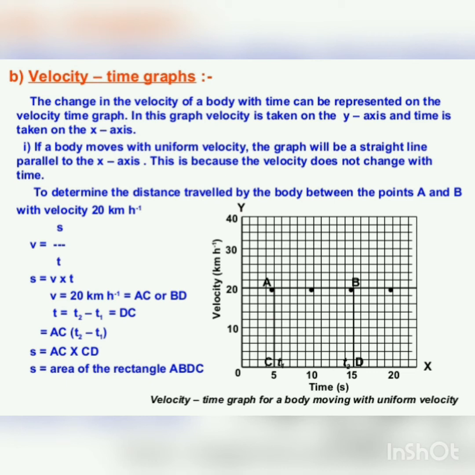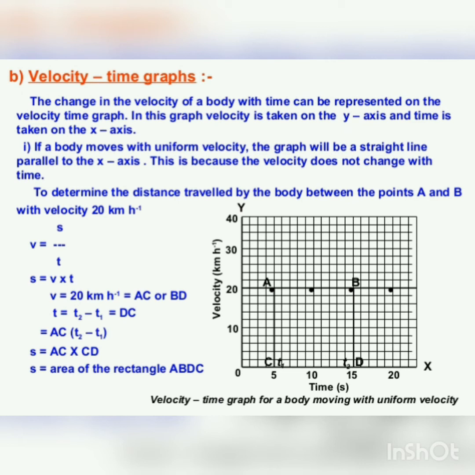The change in the velocity of a body with time can be represented on the velocity time graph. So in the slide you can see that in the graph, velocity is taken on the y-axis and time is taken on the x-axis. If a body moves with uniform velocity, the graph will be a straight line parallel to the x-axis. This is because velocity does not change with the time.